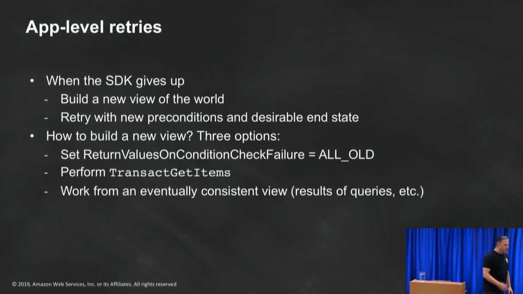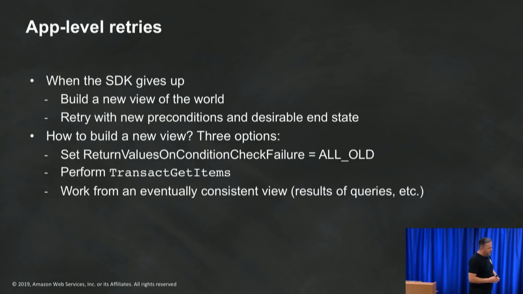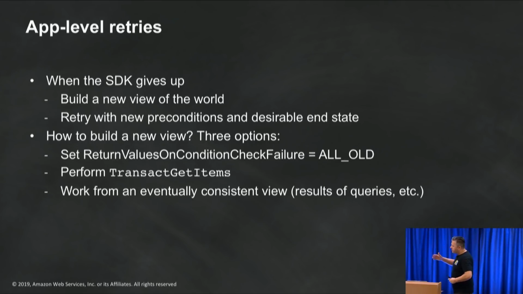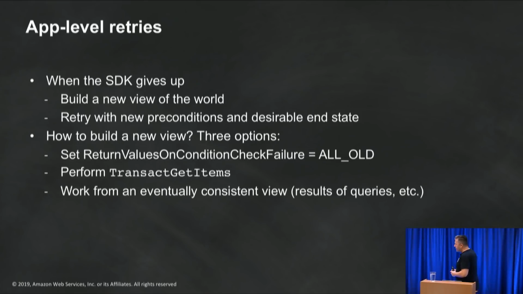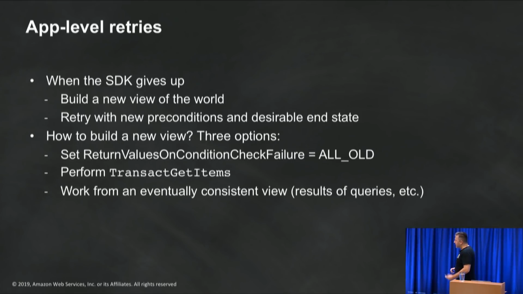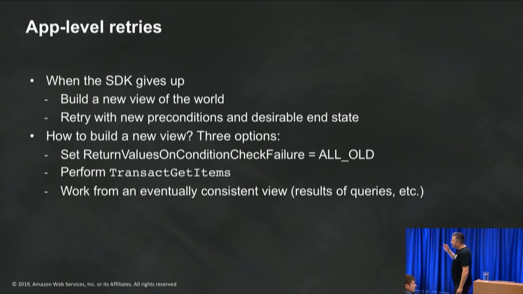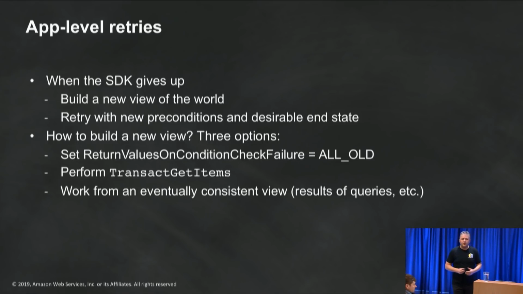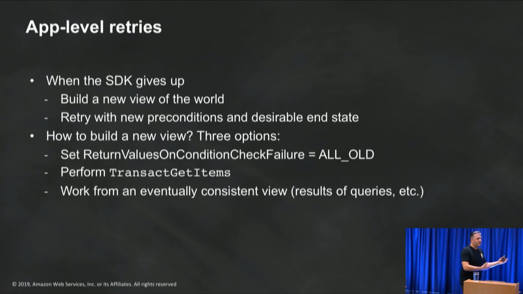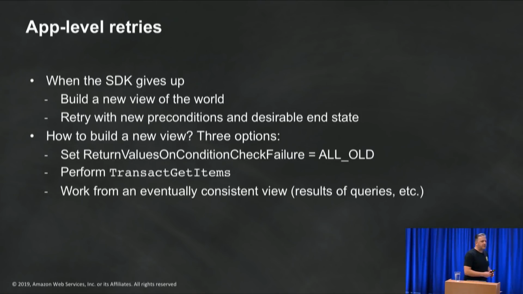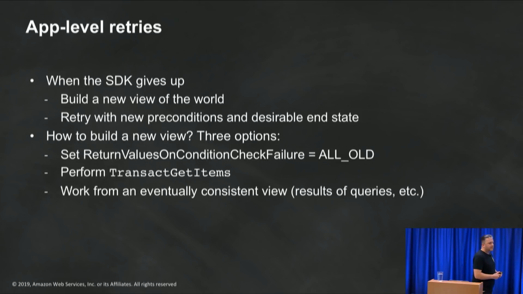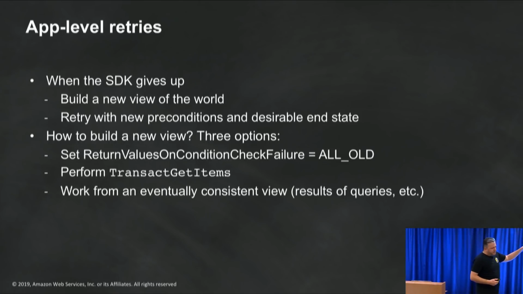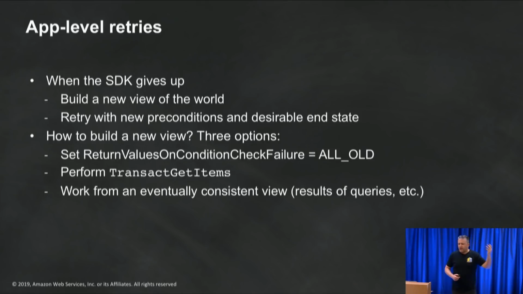So in case of failure, right, there are retries that the SDK will do for you, for example, for idempotency, transaction in progress, but then there will be failures that you have to handle. Transactional conflicts, right? And so what do you do? Much like with the single item transaction, you have to reread the state, right? And then there's 2 or 3 ways you can do that, right?